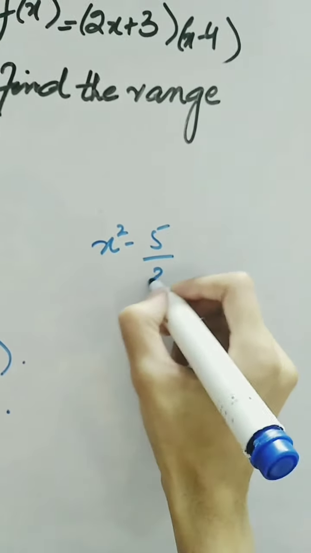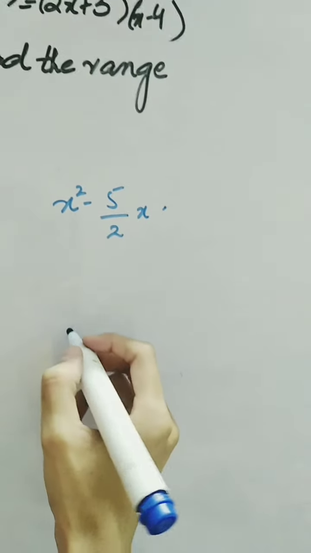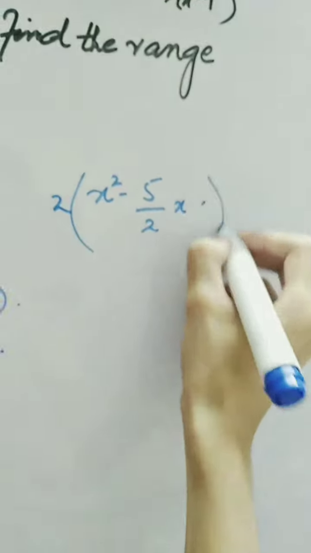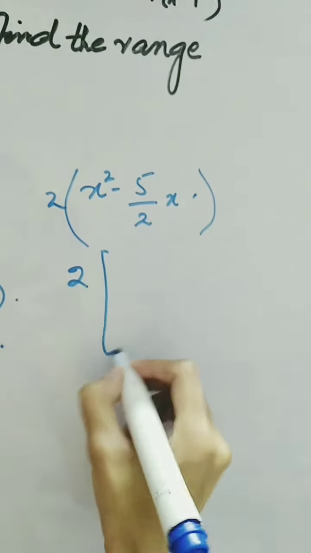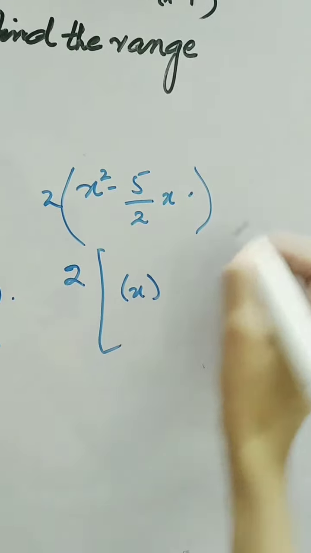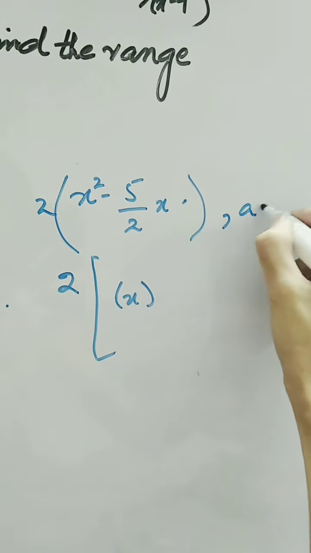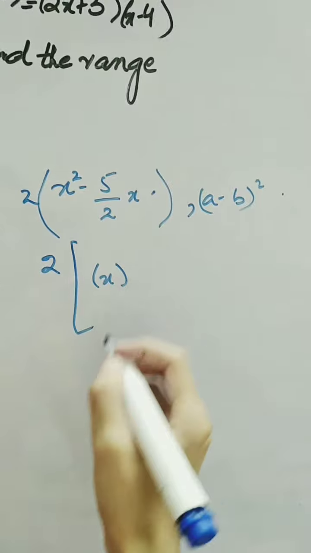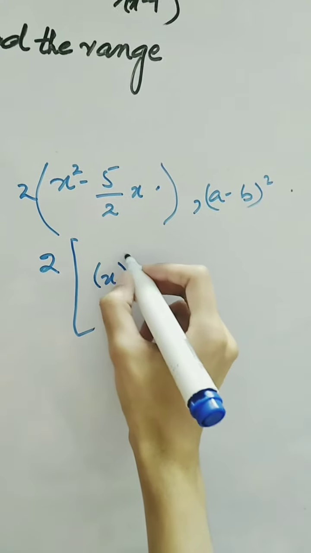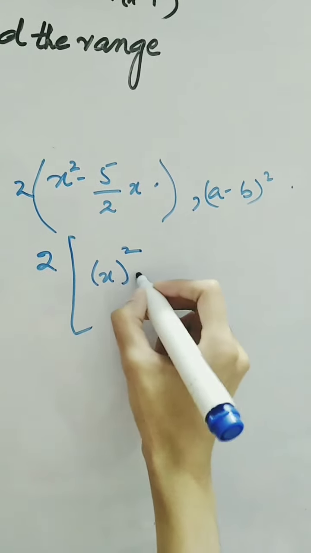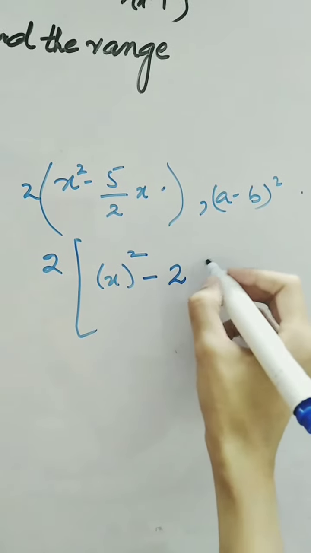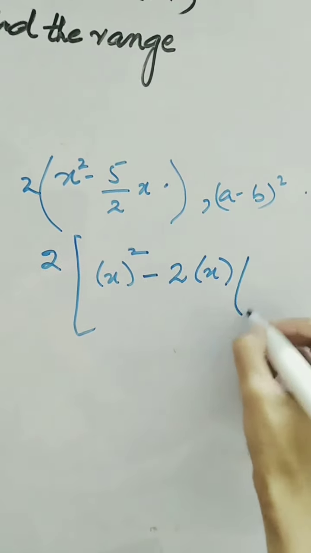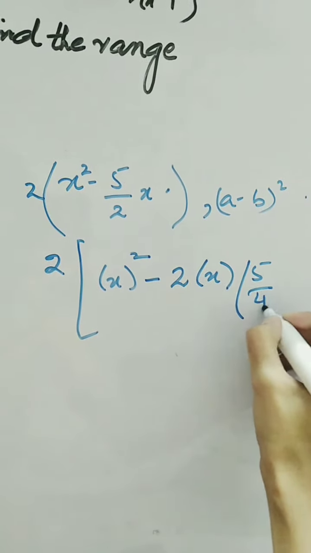Now we are going to use the formula (a − b)², which we have used earlier in this video. Here a is x, and b should be 5/4.